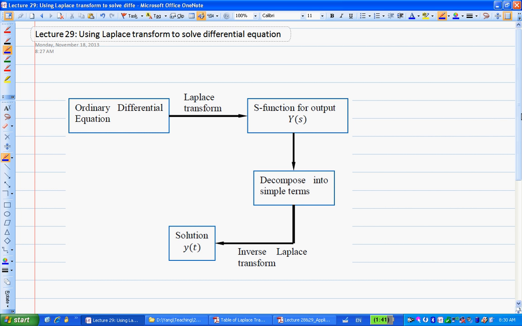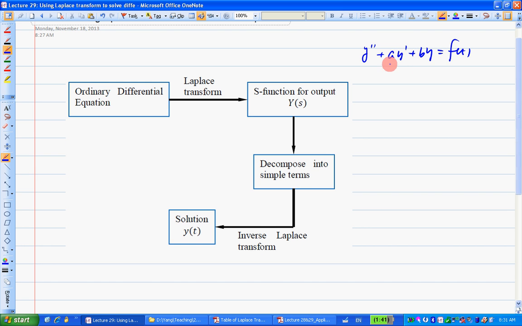Okay, so let's continue on using Laplace transform to solve differential equations. This is a diagram I showed you in the previous lecture. Given a differential equation, for example, y double prime, this second order. Instead of solving this differential equation in the pure time domain, we look at it from a different perspective.